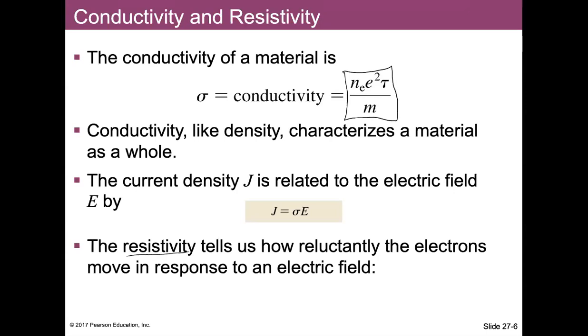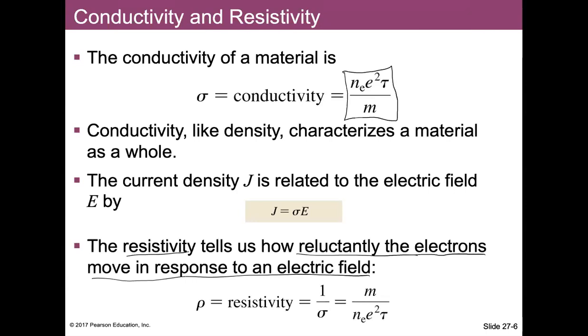So this is the resistivity, and it is just the inverse of the conductivity. We use the letter rho for the resistivity. I know we've used it for other things as well. That's 1 over sigma, sigma being the conductivity.